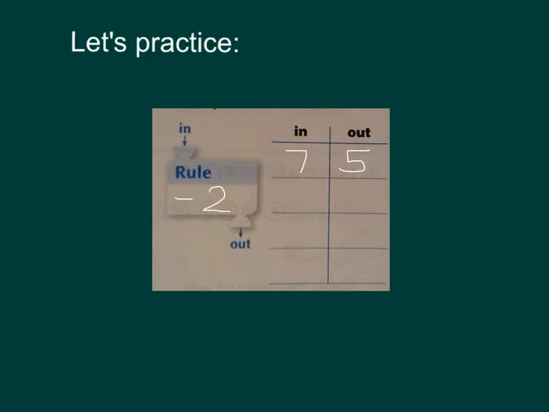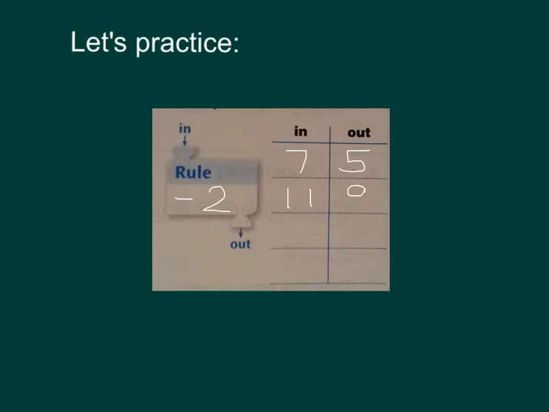Let's try another one. If I put 11 in, that 11's going to go in, and then we do our rule, which is take away 2 or subtract 2. What would our answer be? Use your number grid or your number line to figure this out. That's right.